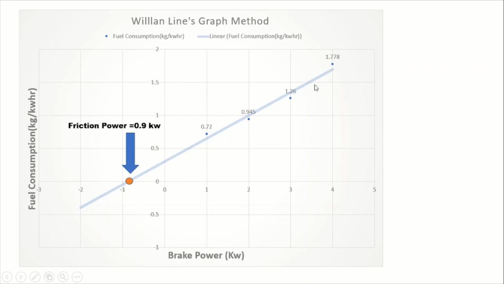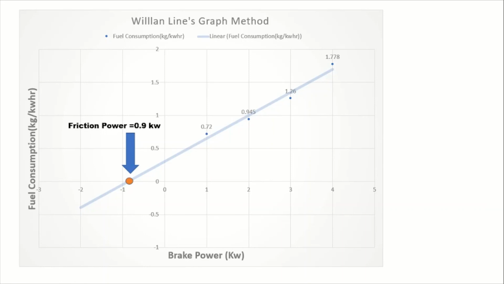Here we plotted the straight line and extended it from this point to the negative side. One point is called the friction power point, where the friction power value is 0.9 kilowatt.